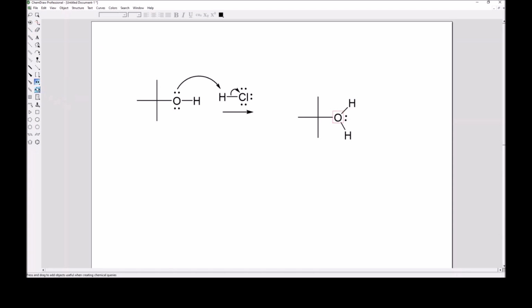And hopefully you remember your pKa values. Both of these are acids that you should be familiar with. When an oxygen carries a positive charge, its pKa is in the ballpark of -2. So the pKa here is going to be about -2. And this hydrochloric acid right here is a strong acid.